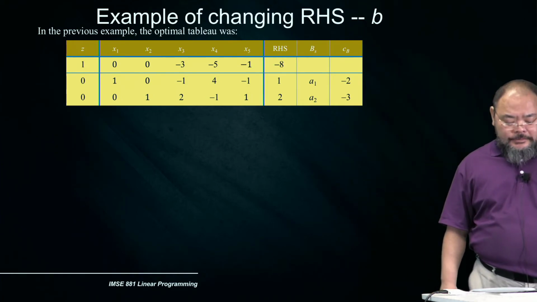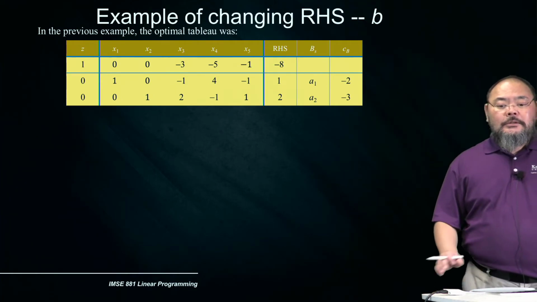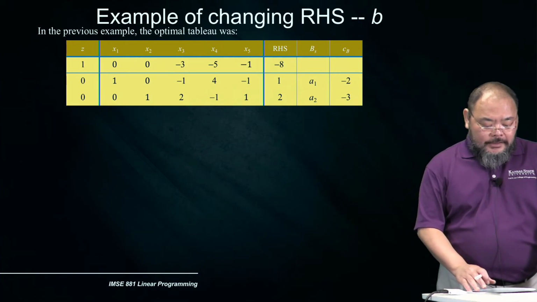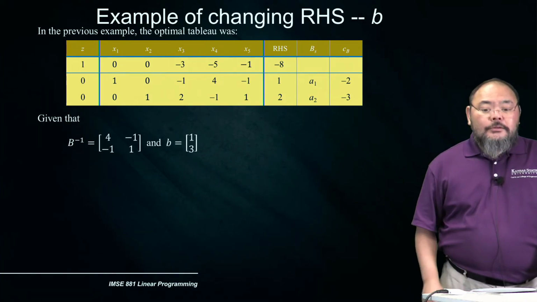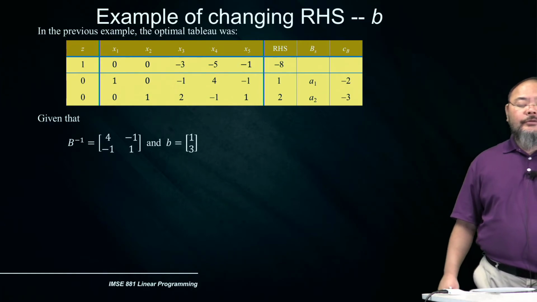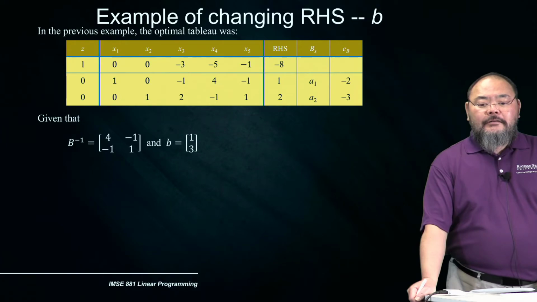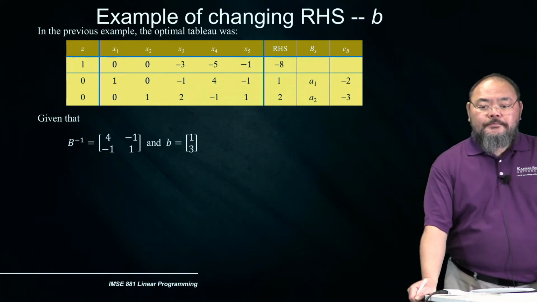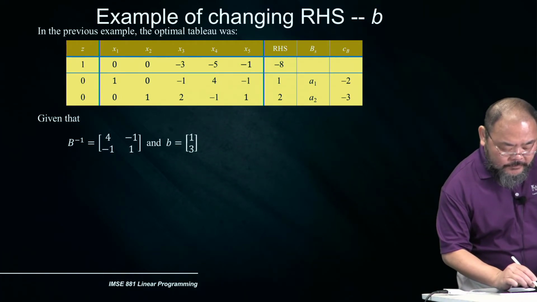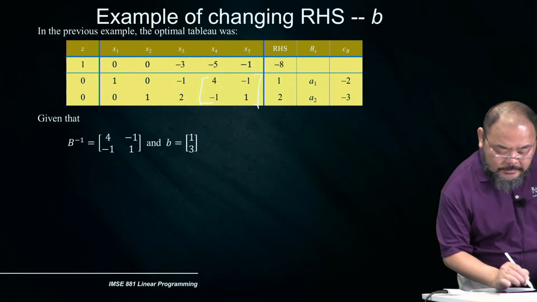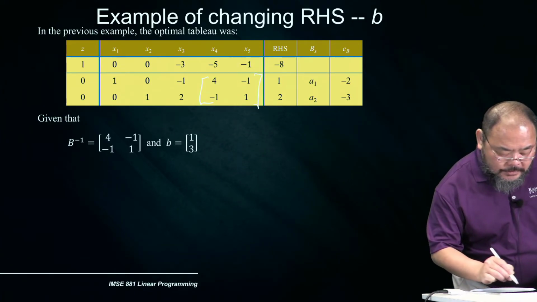This is the current optimal tableau before the right-hand side change. The current B inverse, as recognized again, since x4 and x5 are basic slack variables, always appears in this area.